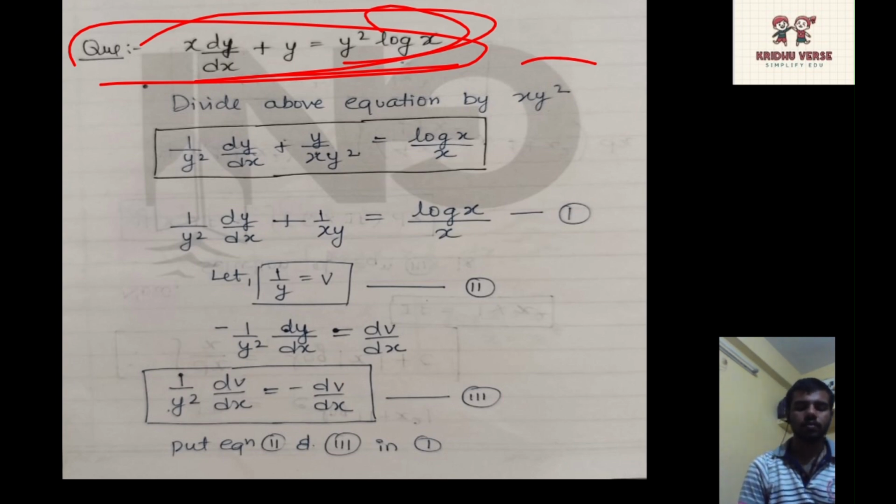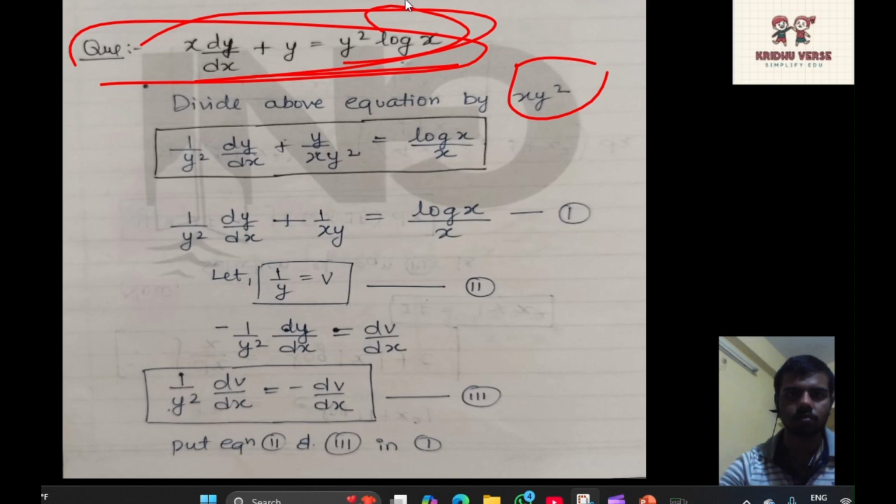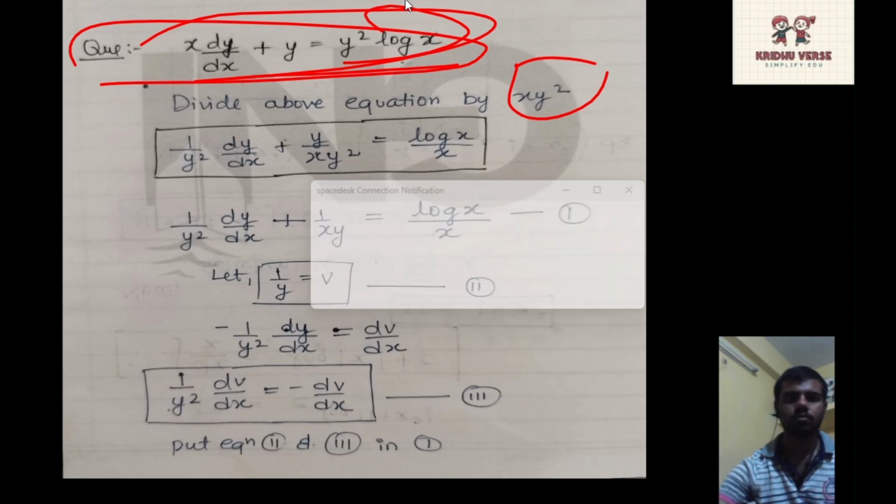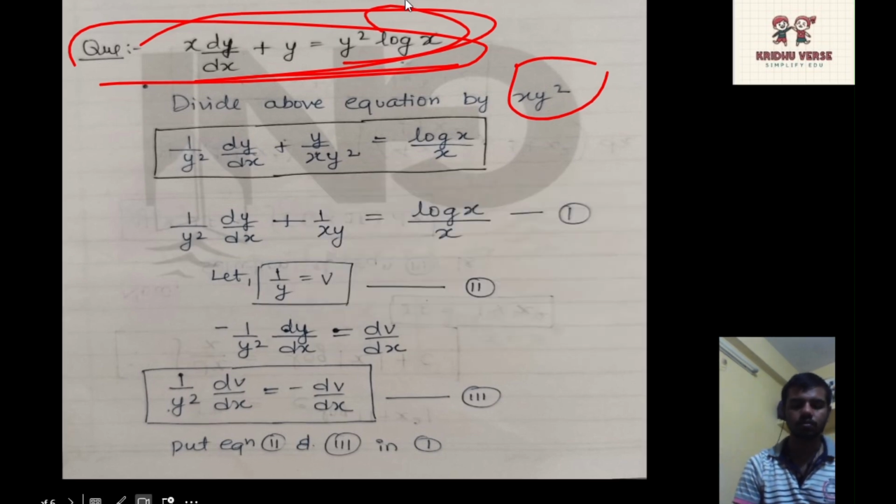So while we are dividing this equation number 1 by y^2, what we get is 1/y^2 dy/dx, because here one y was already available. So this is 1/y^2 dy/dx plus y over y^2, because we are dividing by y^2, equals log x over x.